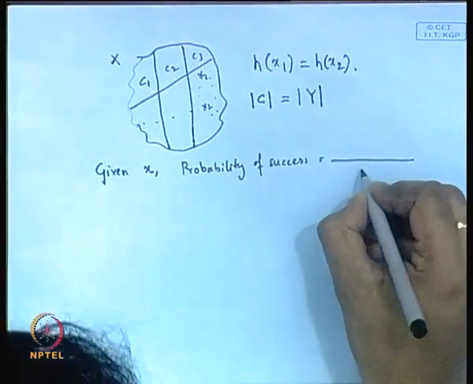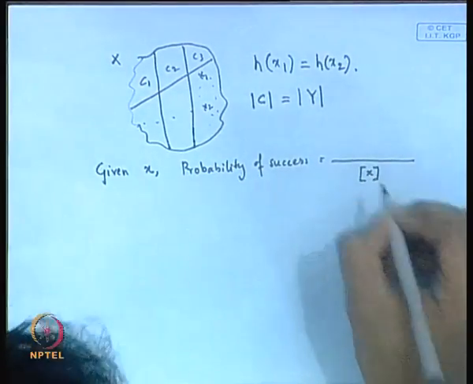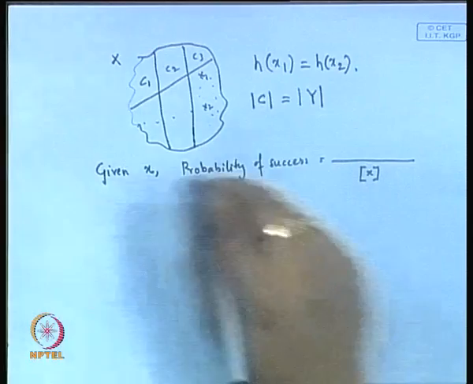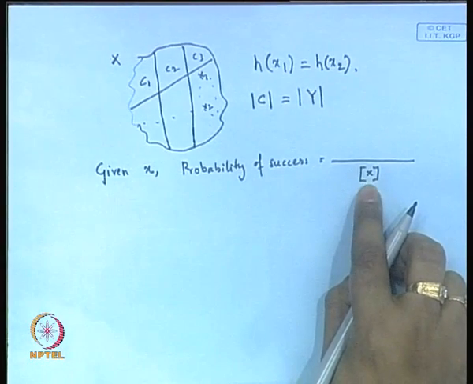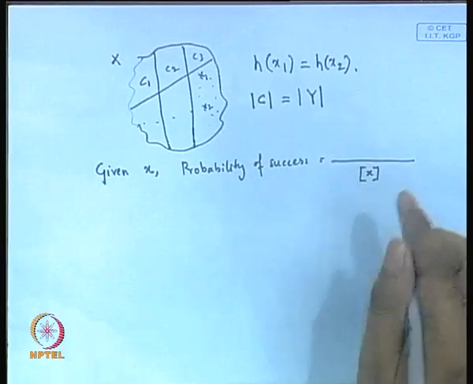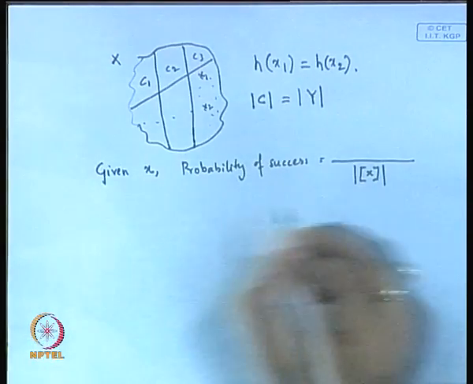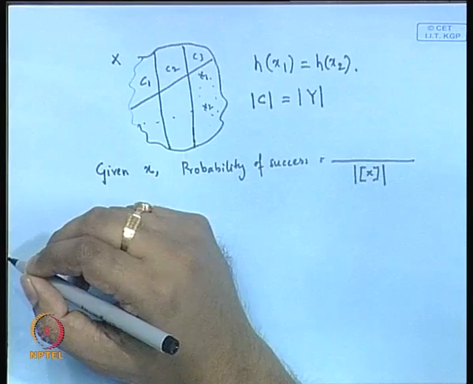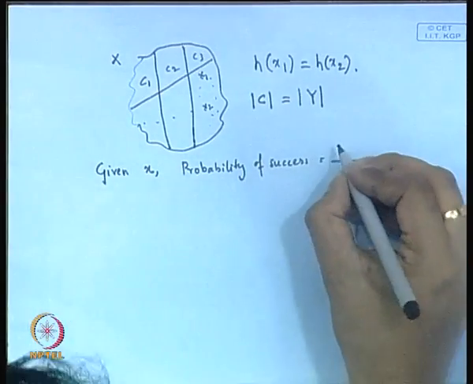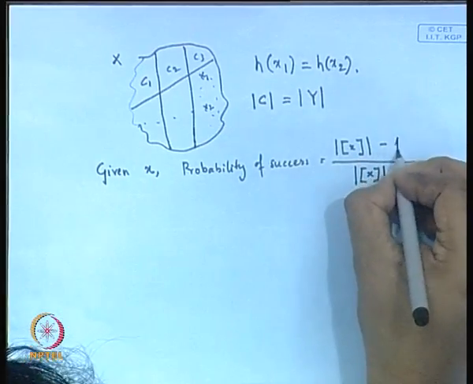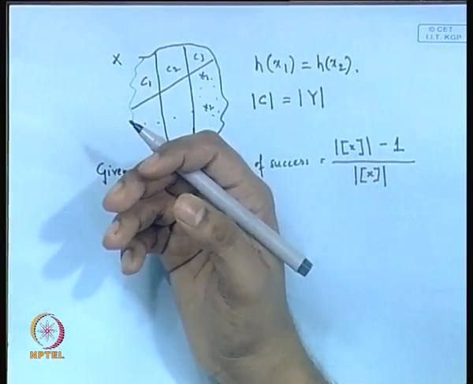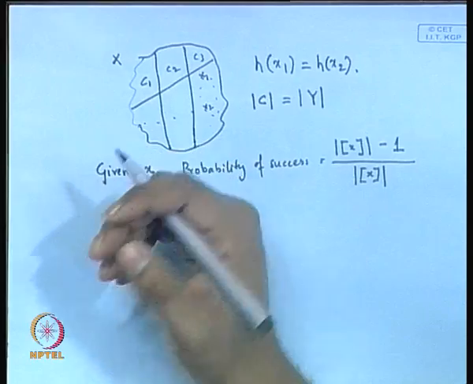If I call this the equivalence class, one partition, then its cardinality is the total number of possible values I can choose from. Among them, except one, all are correct values, because one will be the same value. Do you understand what I am saying?